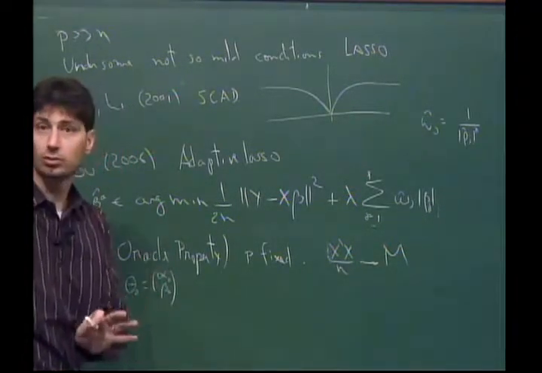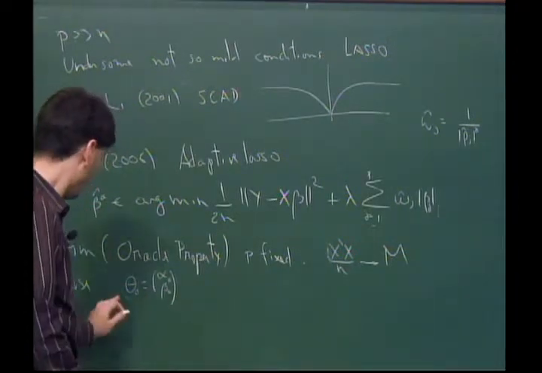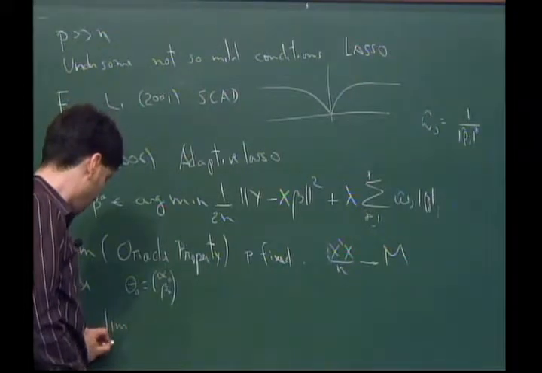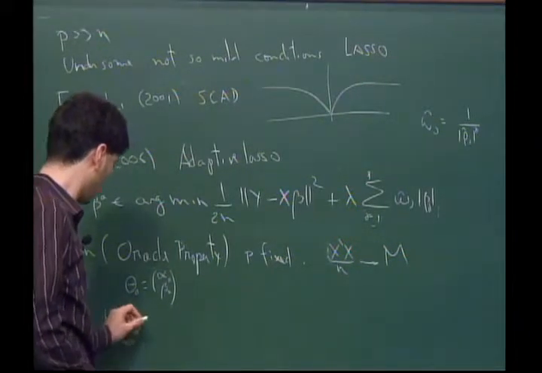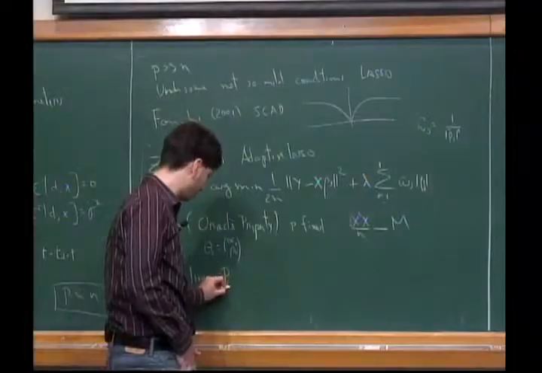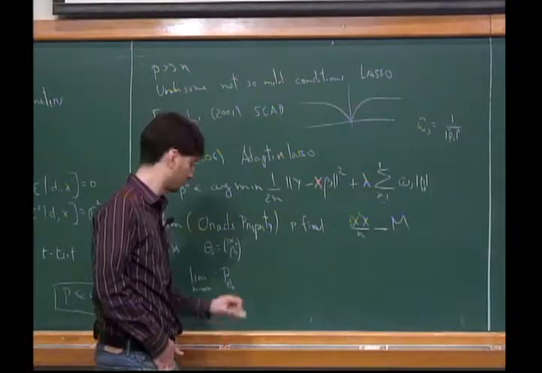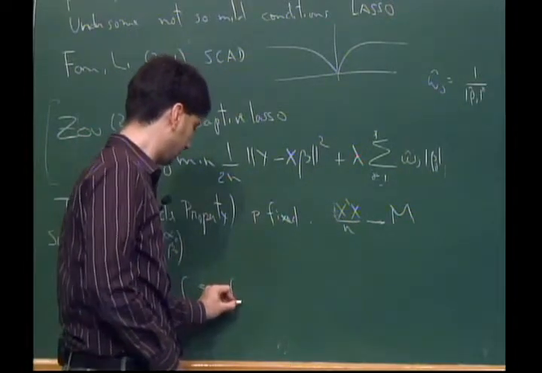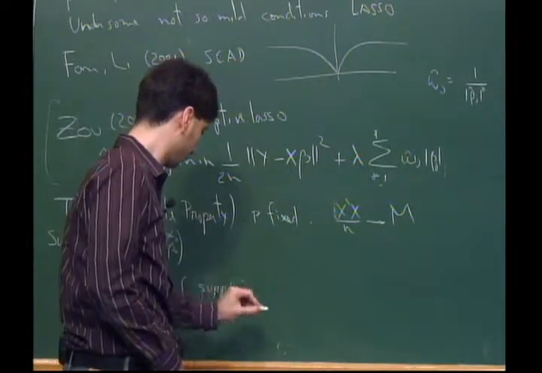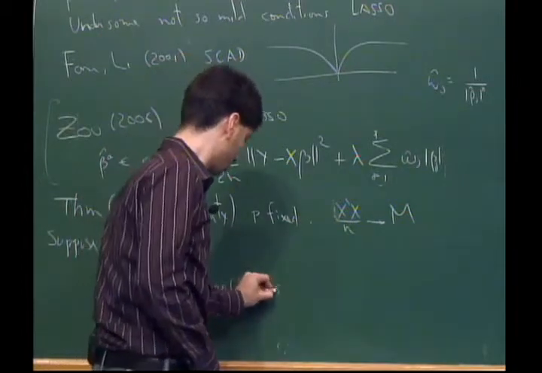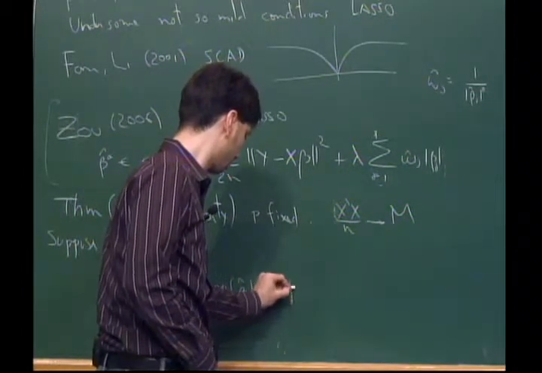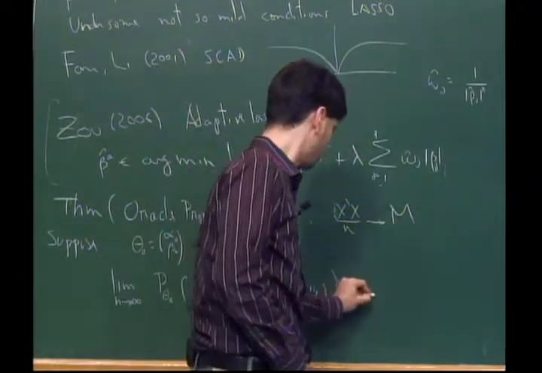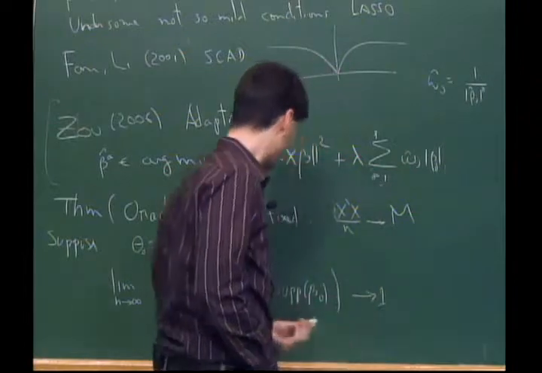Suppose whatever method you are using has the following property. The limit as n goes to infinity of the probability according to theta naught of the support selected by your estimator equals the support of beta naught goes to 1. So what is this telling you?